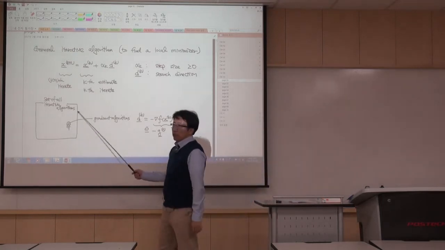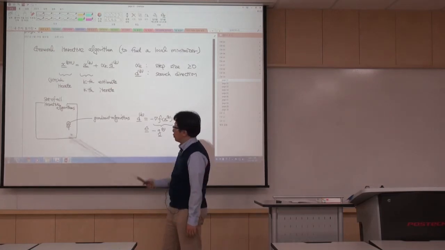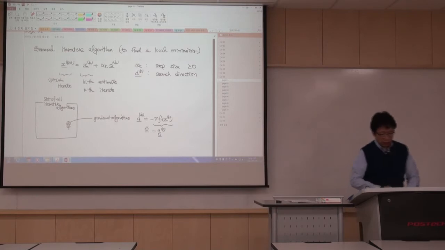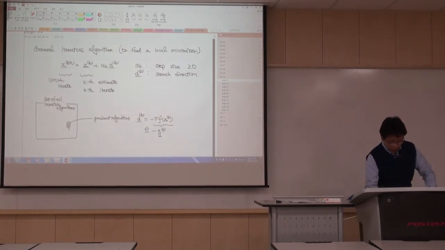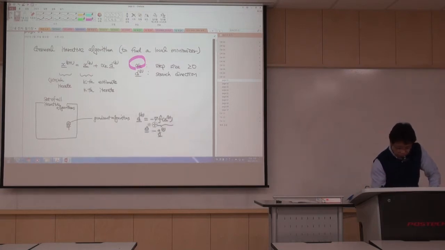Even though this set is very small, I will exaggerate it a little bit so that we can see clearly around here. Okay. So from the step size, let me move this a little bit.